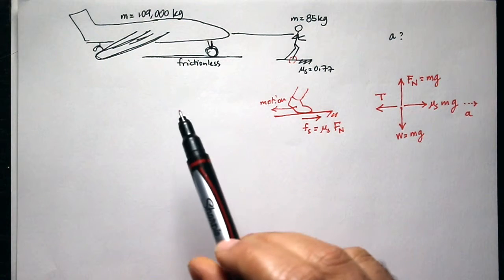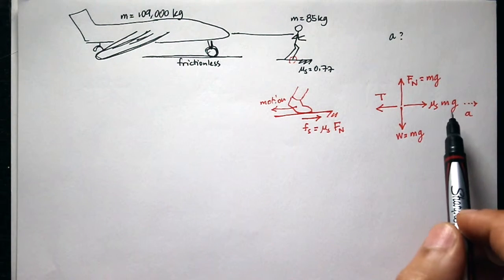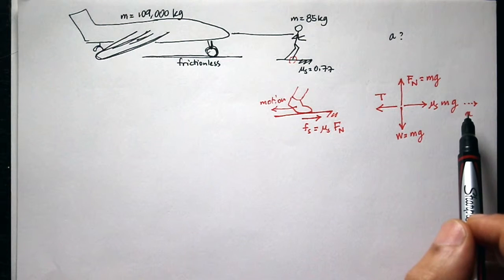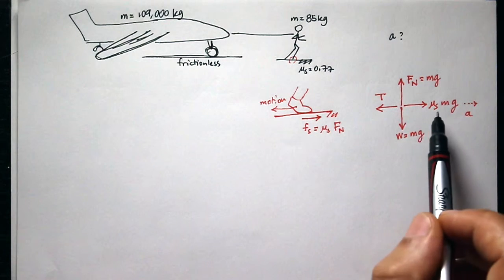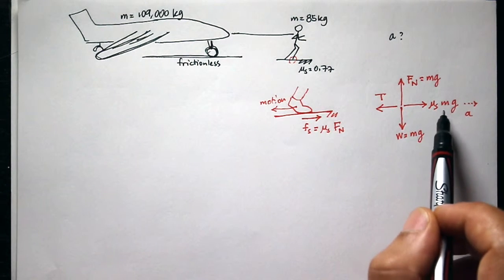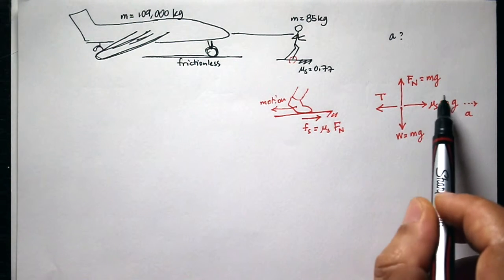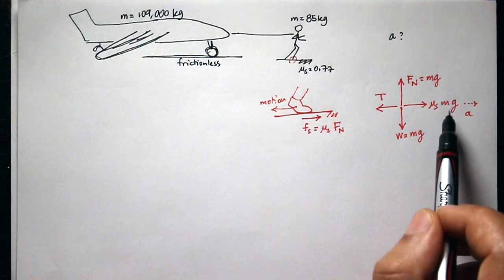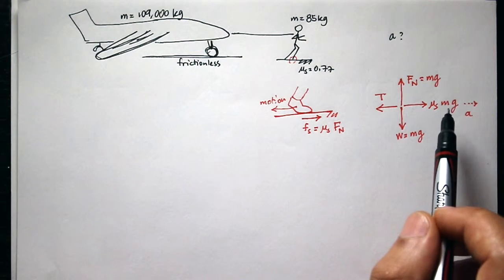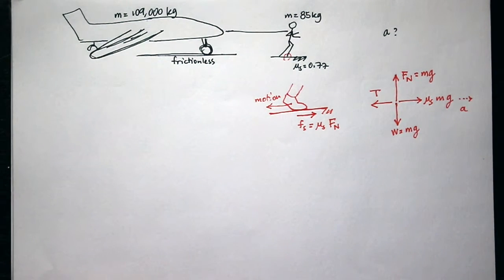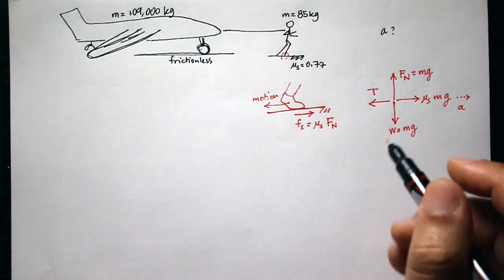And I could do the same thing for the plane, and from that I can figure out the acceleration. Or I could look at this, which is the driving force for the whole system. So I can calculate the acceleration knowing that force that is driving the whole system right away. So let's do it both ways and see if we get the same answer.